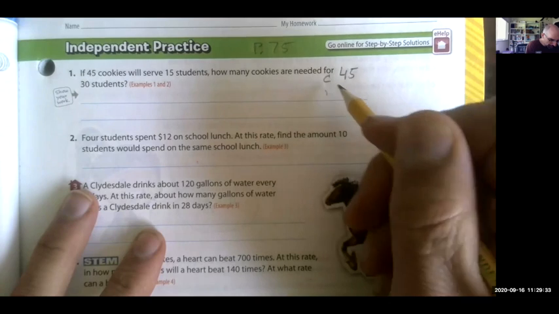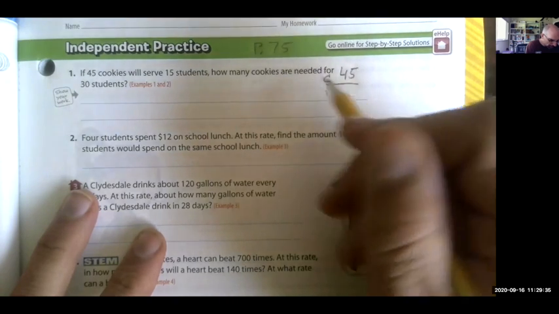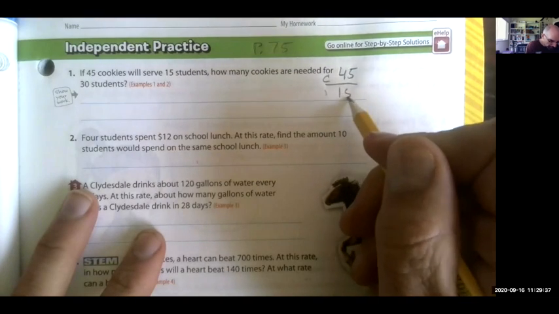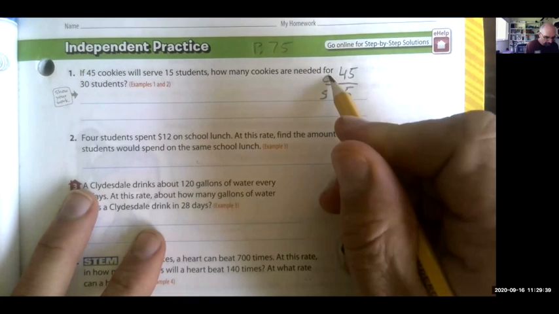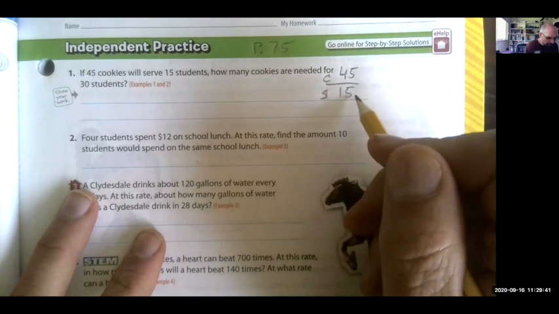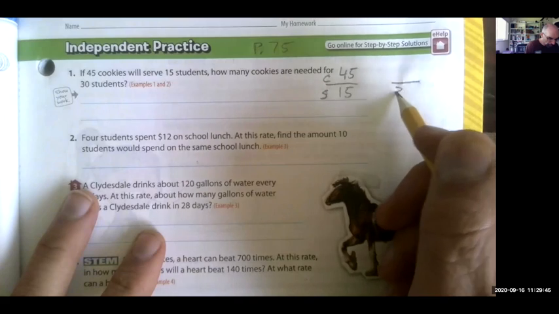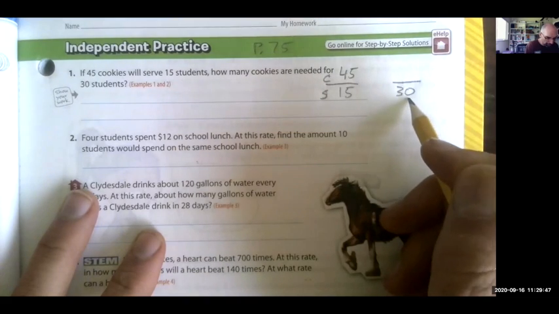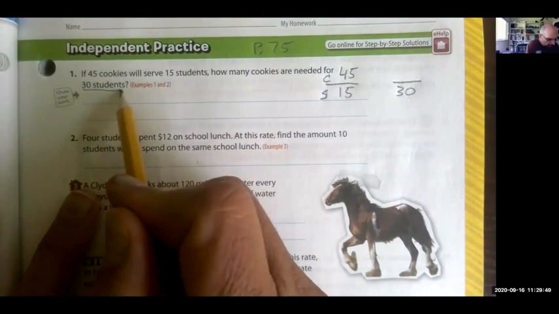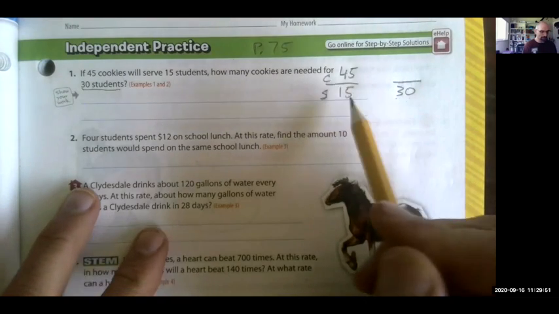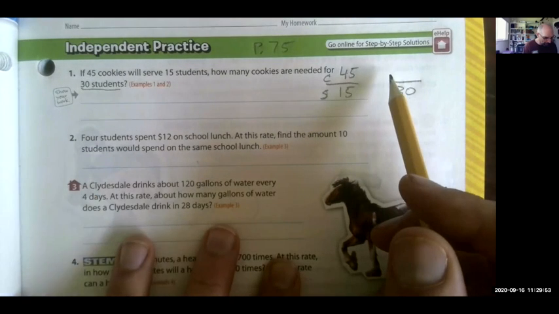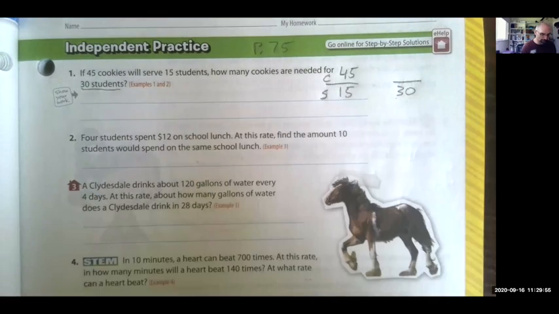I'll put C for cookies. Serve 15. I'll put S for students. So cookies are 45, students are 15. How many do we want to know for 30 students? And I put 30 on the bottom because it says 30 students. So figure out how many cookies will serve 30 students.